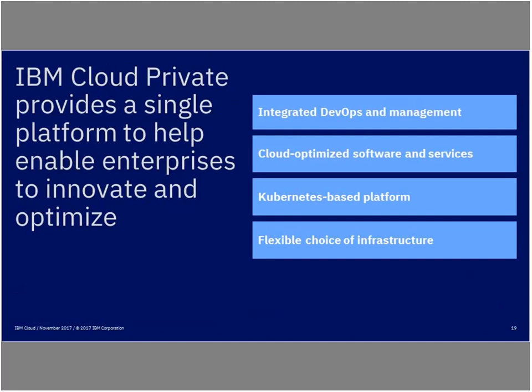So I do want to take a look at IBM Cloud Private. I've spoken about it quite a bit, but it is primarily Kubernetes. It is a Kubernetes-based platform that we're running here. There is also a flexibility of infrastructure.